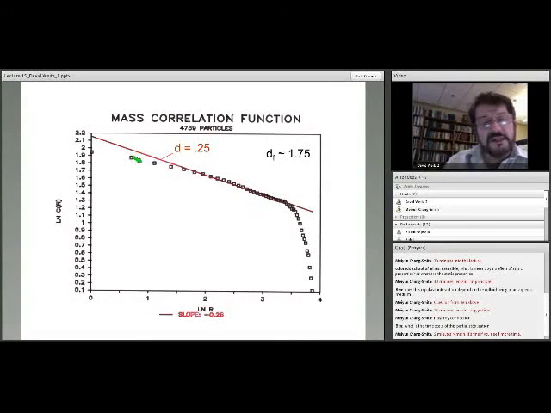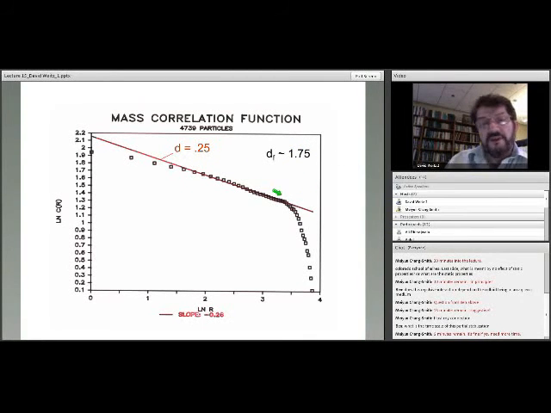In this case, the slope of this decrease is negative 0.25, and because it's a 2-dimensional projection of a 3-dimensional object, that corresponds to the difference between 2 and this, which corresponds to a fractal dimension of 1.75, which is quite consistent with the value that you measure by looking at the correlations between the masses of different objects, which was 1.7. Here in this case it's 1.75.